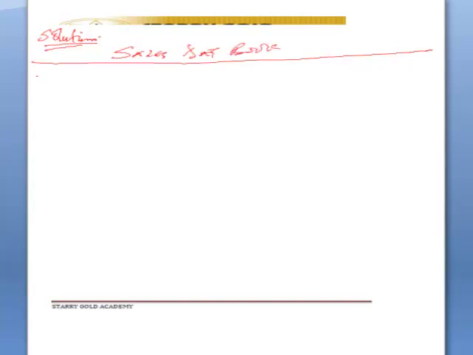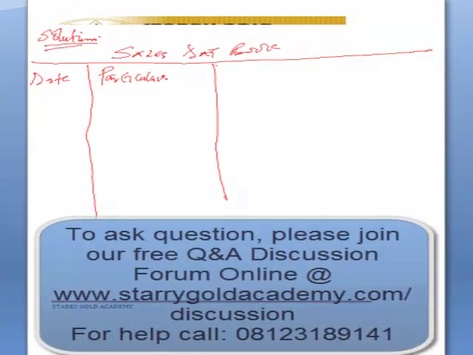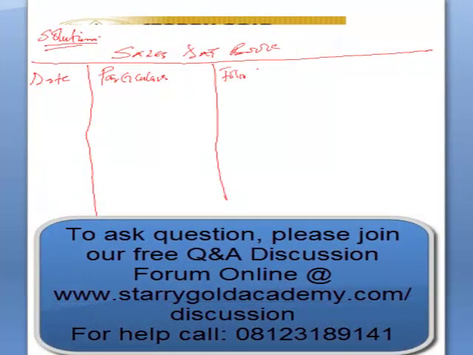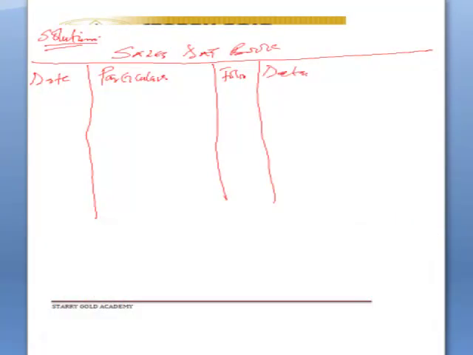So this will be the solution. Our specimen is this: sales day book. We have date, particulars, folio, details, then we have total.